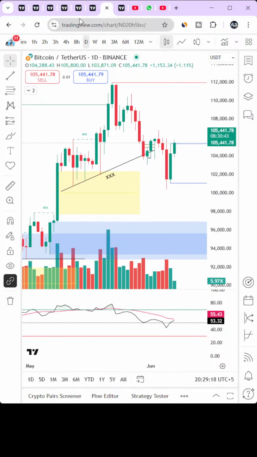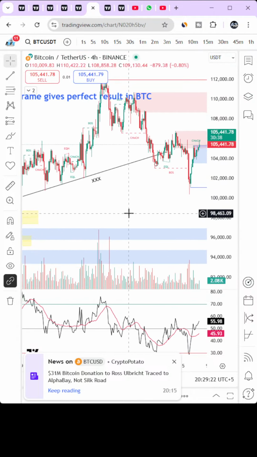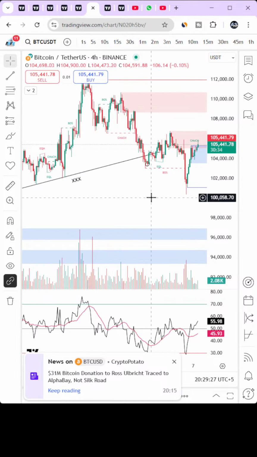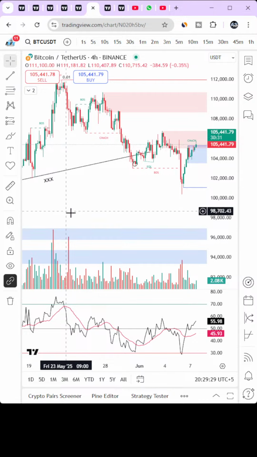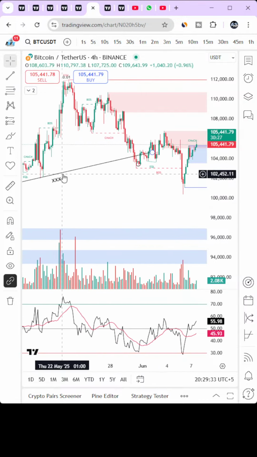Now we are moving to the 4-hour time frame. See here, there was also liquidity available, and this selling movement has taken all the liquidity according to the 4-hour time frame.